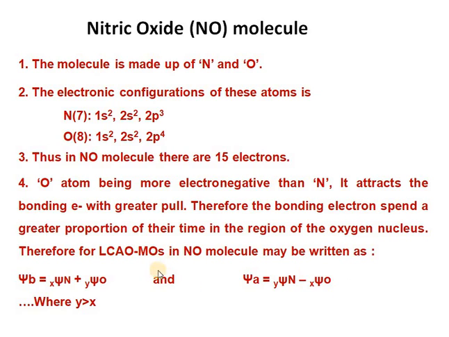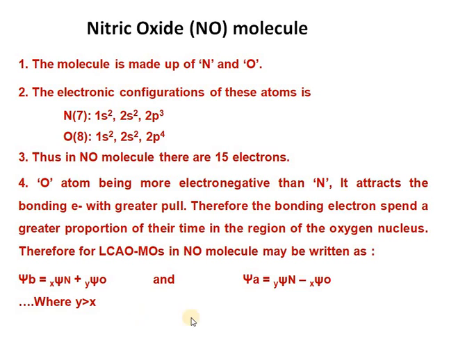The linear combinations of atomic orbitals in the nitric oxide molecule can be written as: bonding molecular orbital psi b equals x psi N plus y psi O, and antibonding molecular orbital equals y psi N minus x psi O.